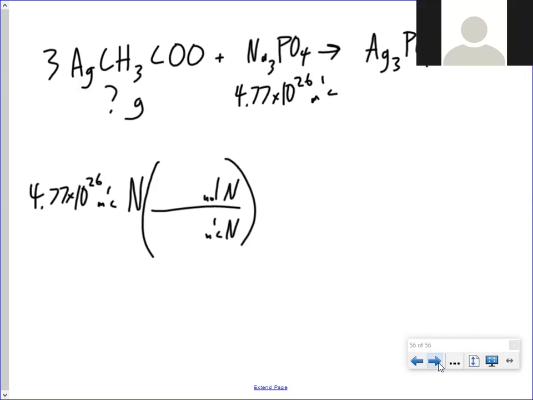Magic number for moles is 1. I don't disagree with that. What's my magic number when I'm dealing with molecules? Molecules is another word for a particle. 6.02 times 10 to the 23. All right. I don't want to be talking about N, so I'm going to put moles of N on the bottom.